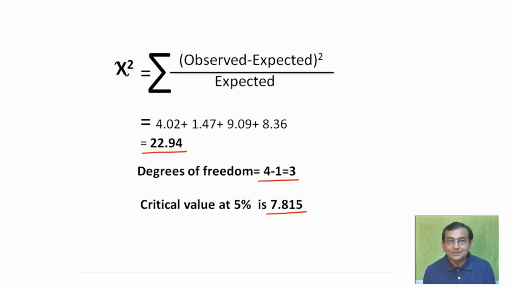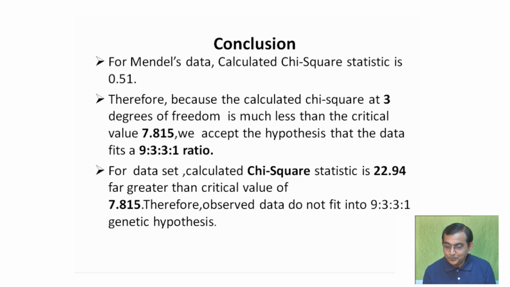So from this data we can conclude that for Mendel's data, the calculated Chi-Square statistic was found to be 0.51.